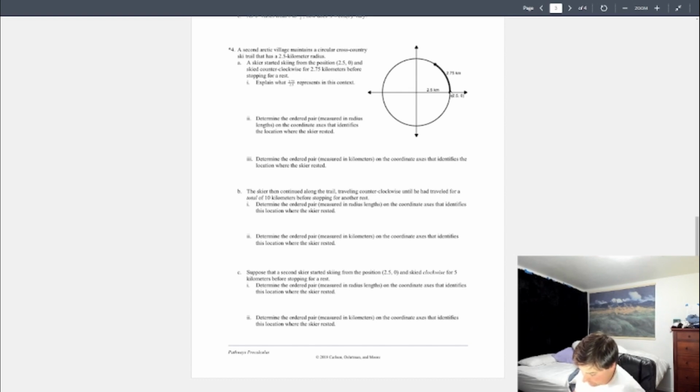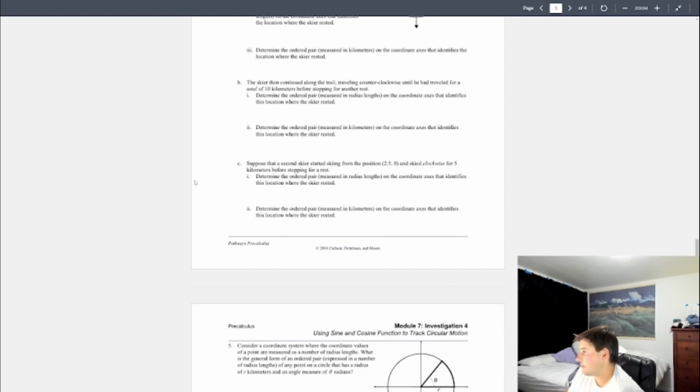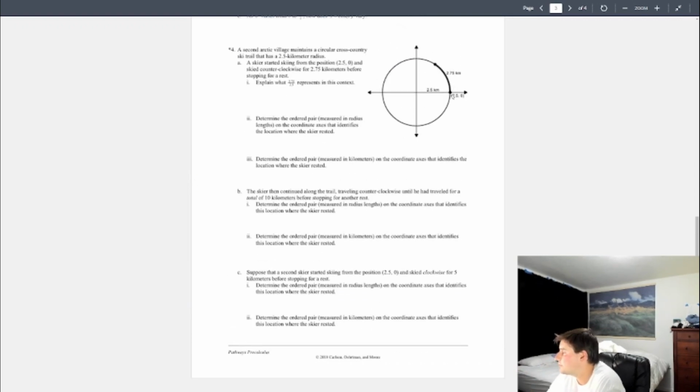I'll ask the professor. Suppose that a second skier started skiing from the position 2.5. The second skier can ski clockwise for 5 kilometers before stopping for a rest.